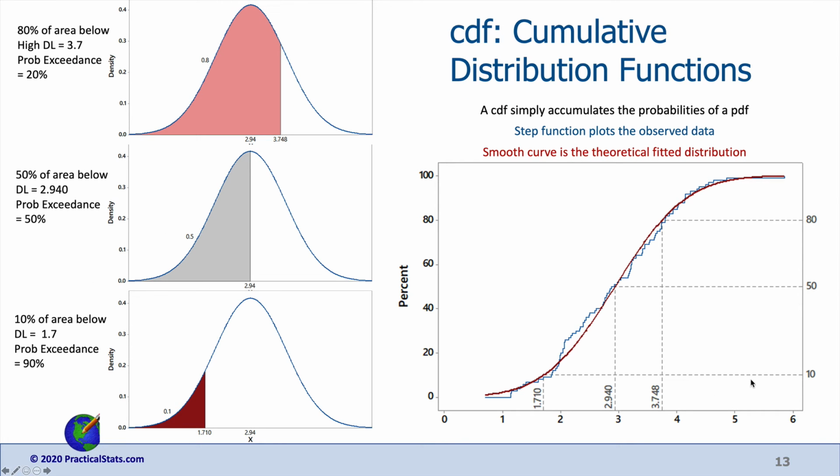So here's just a picture of the CDF again with 3 cutoffs. Let's suppose your detection limit was at about 1.7. That's at the 10th percentile. You've got a 90% probability of exceeding that. You know that that's at the low end, and you can use that information.